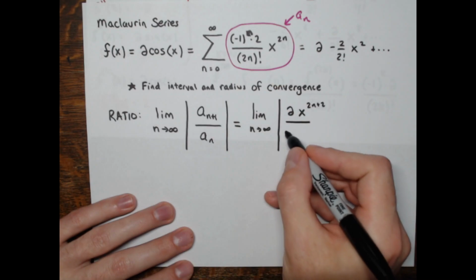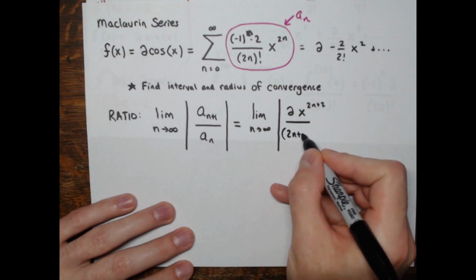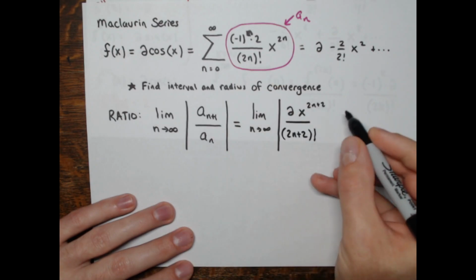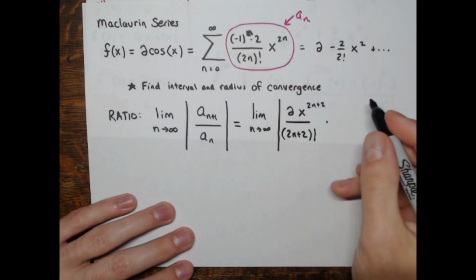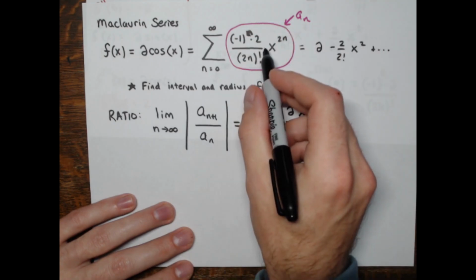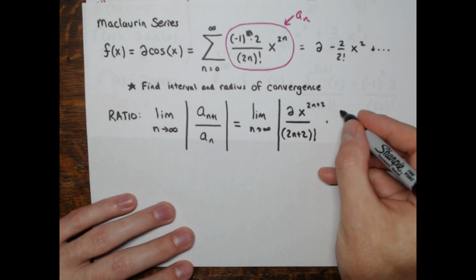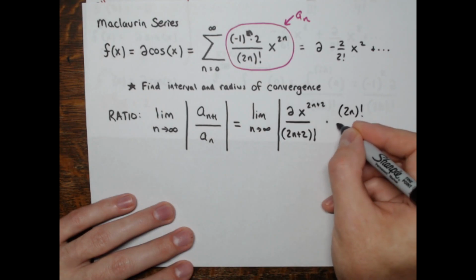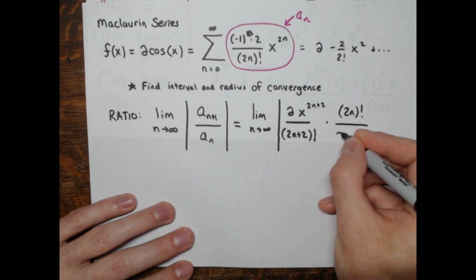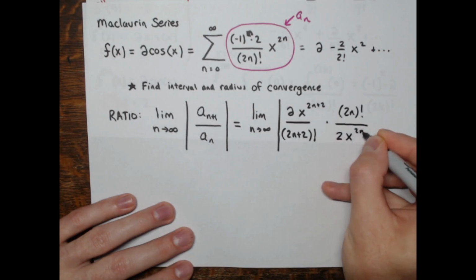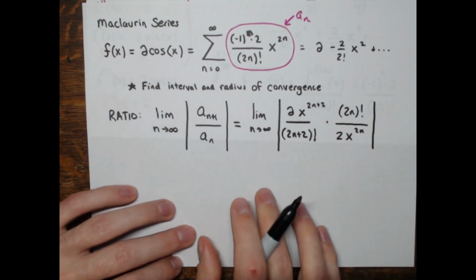And then same thing for the factorial, I'd have 2n plus 2 factorial. And then times the reciprocal of this, divided by a sub n, which would have 2n factorial in the numerator, and then this 2 times x to the 2n in the denominator.